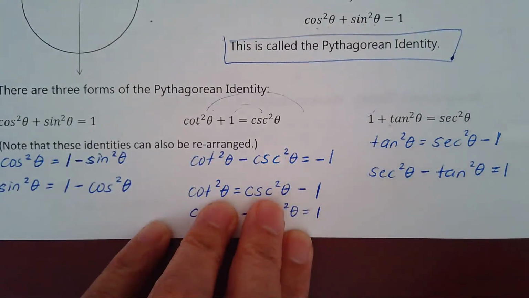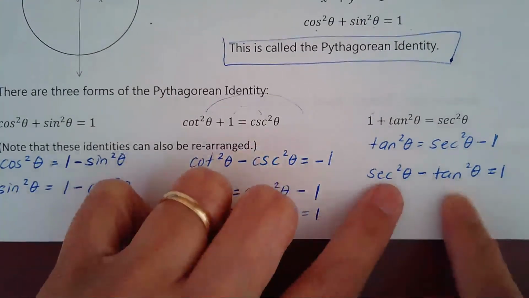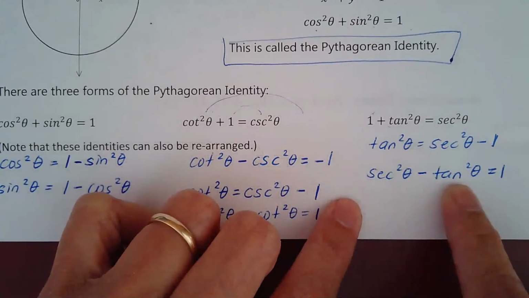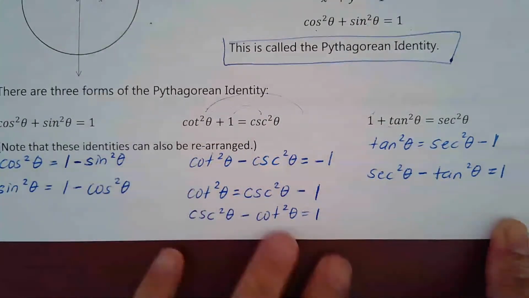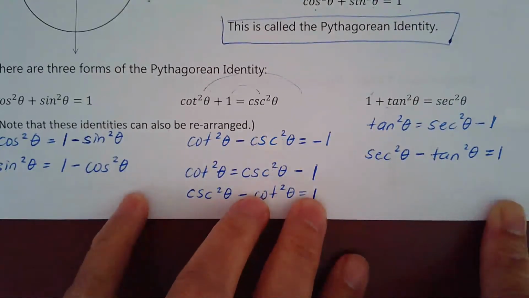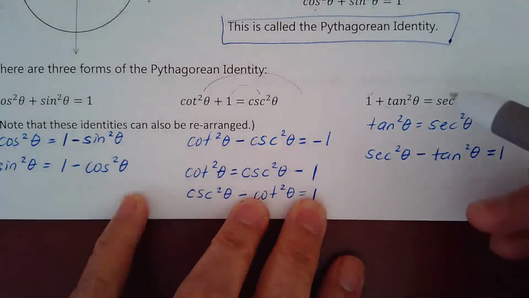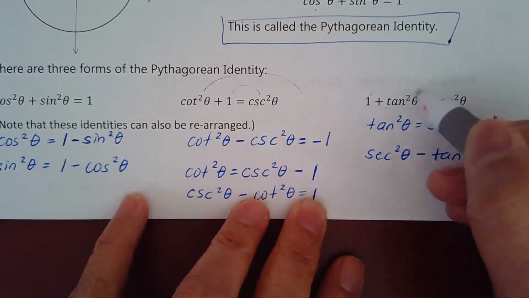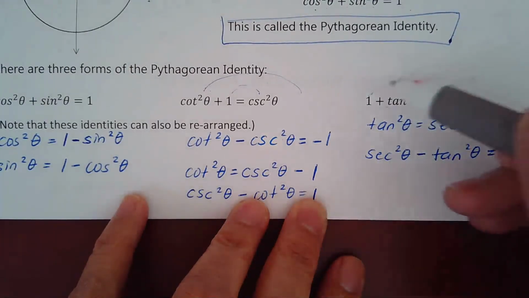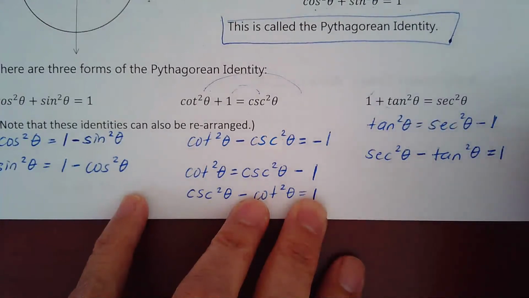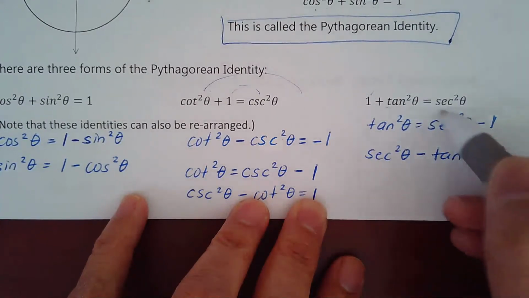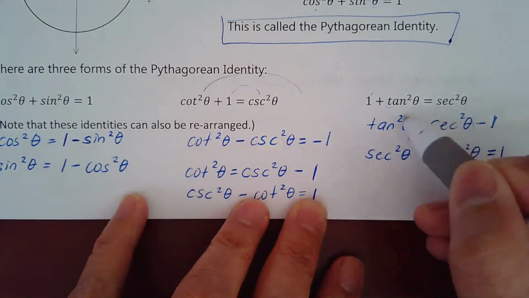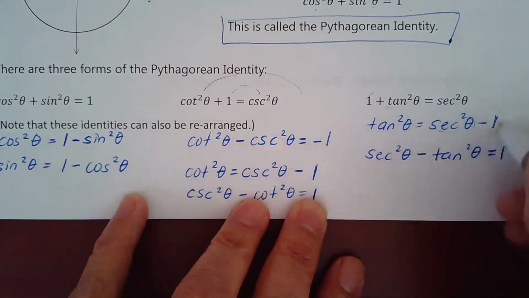Now if I can reverse these two, I can take this secant squared theta and bring it over there, and then the 1 goes over there. So basically taking secant squared theta on the left side and leaving the negative 1 there.